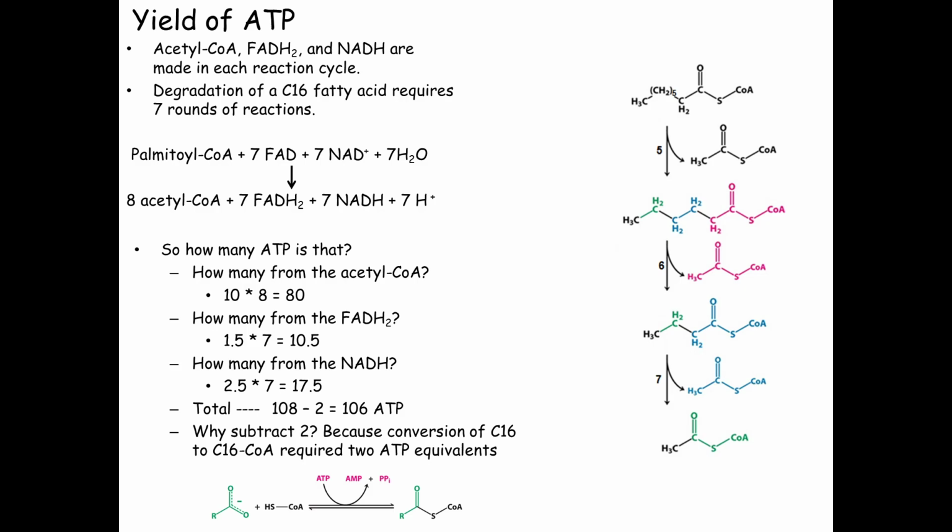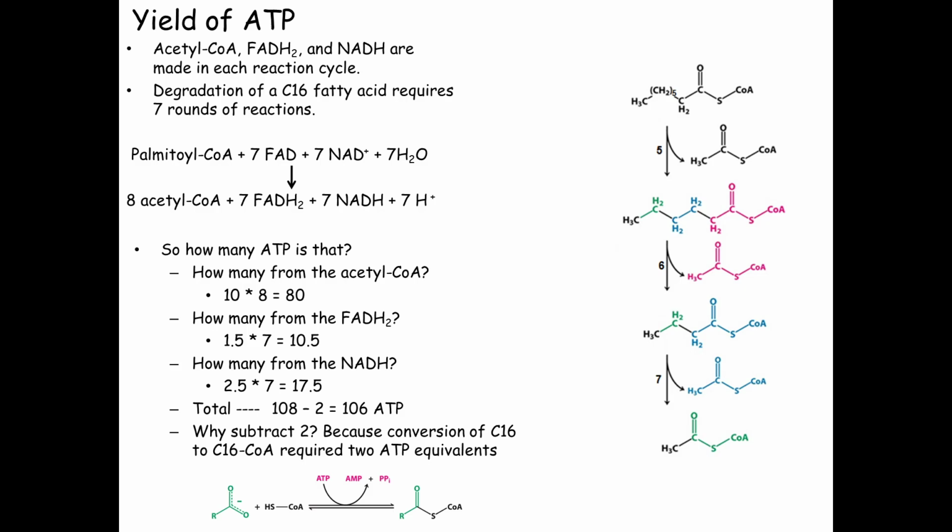And if you go through all the pathways of glycolysis and pyruvate dehydrogenase, citric acid cycle, electron transport chain, ATP synthesis, and so forth, if you do all of that, not taking into account any losses, you'll get roughly 32 ATP out of it. So 6 carbons of glucose gives you 32 ATPs. This 16 carbon fatty acid gives me 106 ATP. Of course, there's more ATP here. It's a bigger molecule. It's got more carbons. But per carbon, which one is better? And I'll leave that for you to figure out on your own.